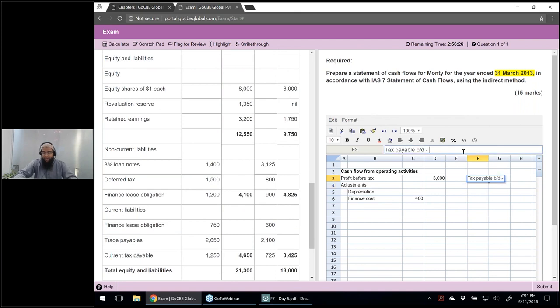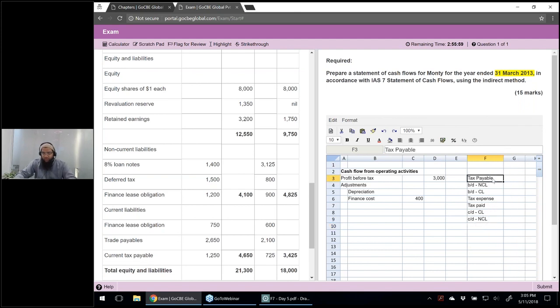So we are preparing a tax payable account in which we write the brought down of non-current liability and then the brought down of current liability. We will have some tax expense and some tax paid, and then the carried down of current liability and the carried down of non-current liability.